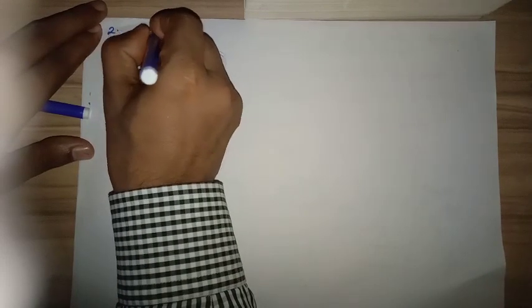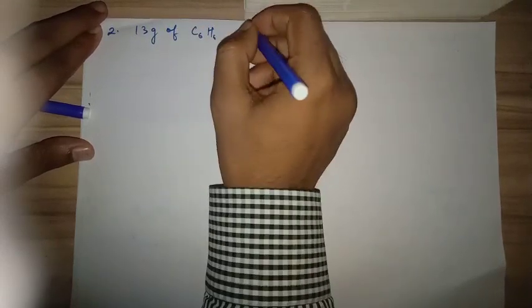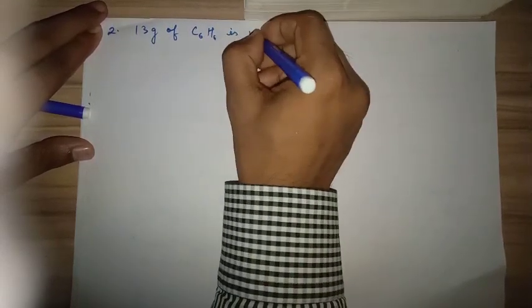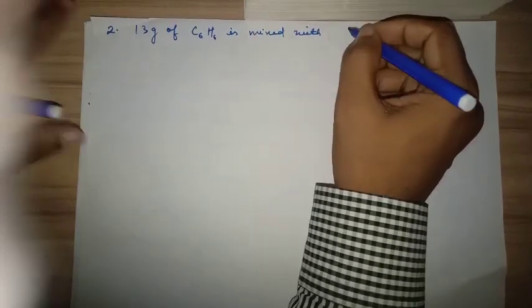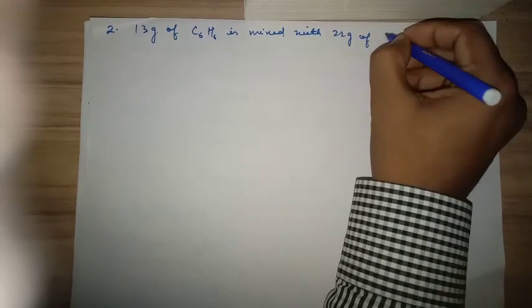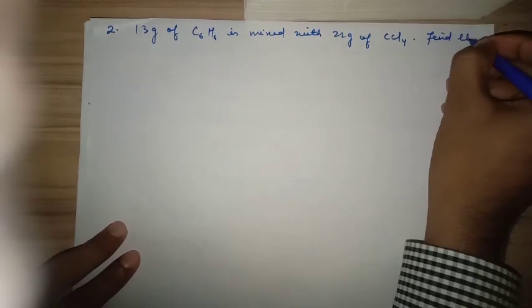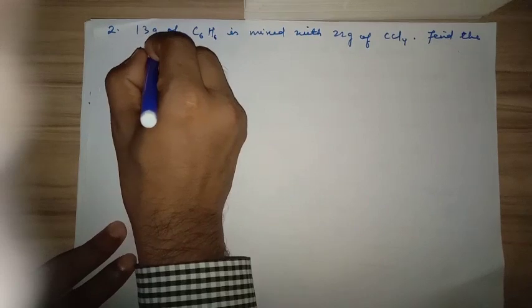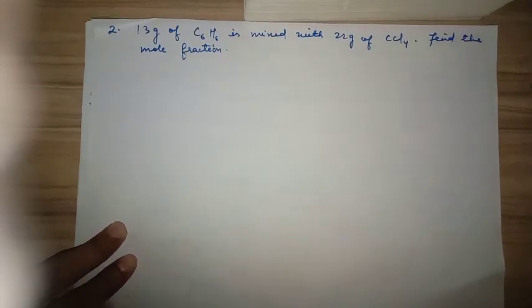If 13 gram of benzene is mixed with 22 gram of carbon tetrachloride, find the mole fraction.